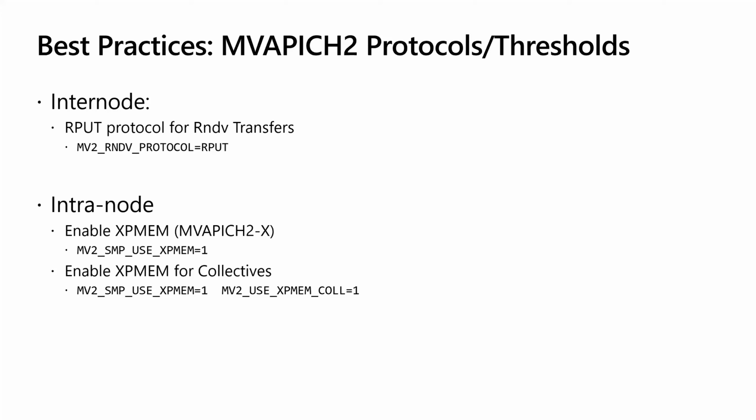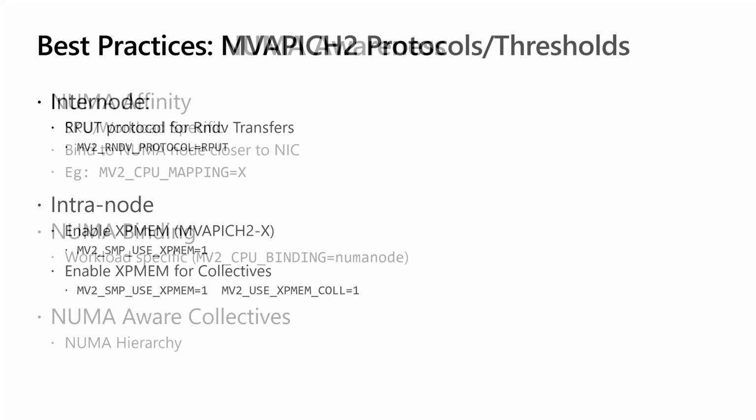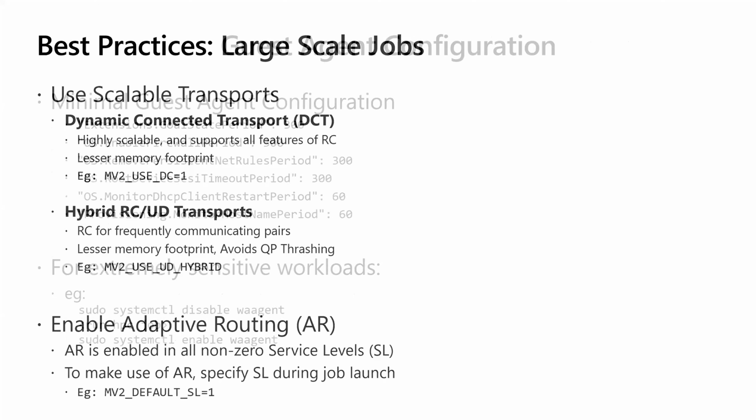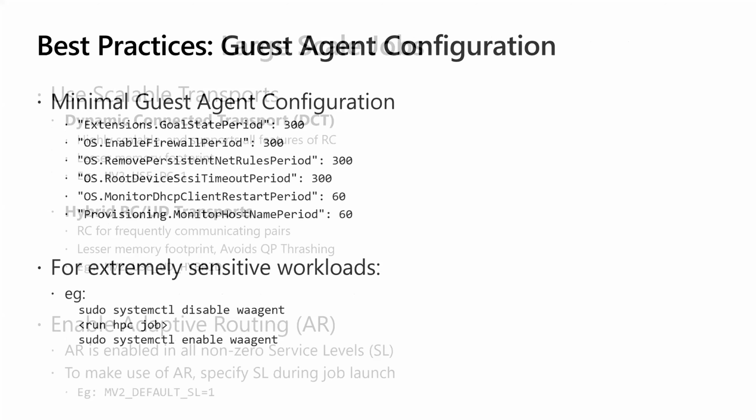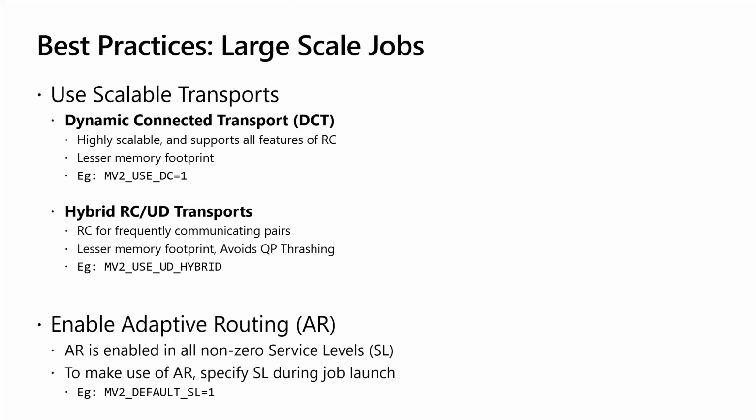Jitin, I have a question on adaptive routing. You said adaptive routing is supported. Have you done some large scale tests and seen the benefits? Yes. In tomorrow's talk, I'm including some of the results. We have seen really good improvement, especially when we ran the HPC results, and it was showing really nice improvement.